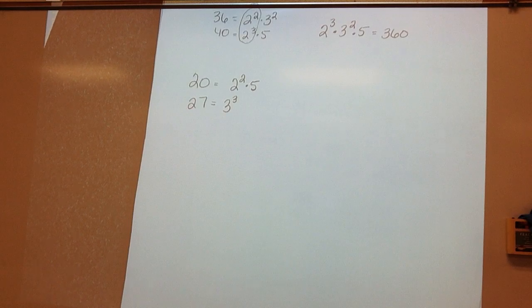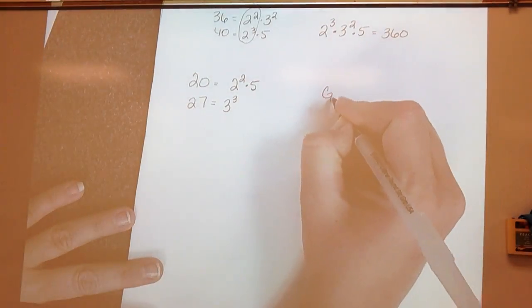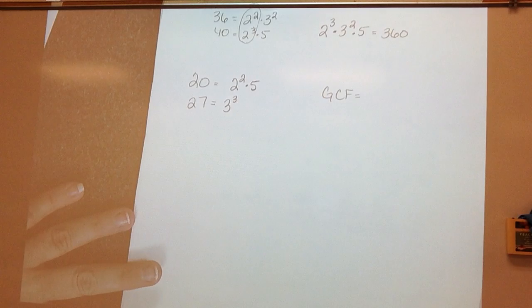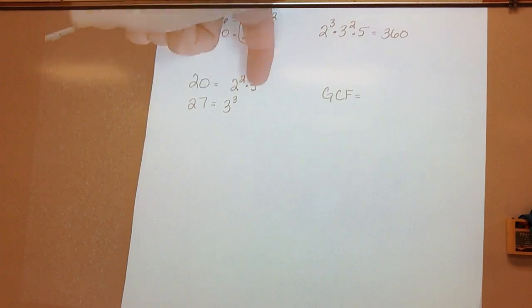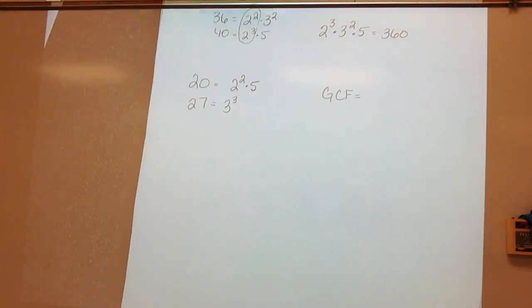So, going back to greatest common factor, remember I told you to look to see what they have in common. Do you see anything they have in common? 20 has the base 2, the base 5. 27 has the base 3.